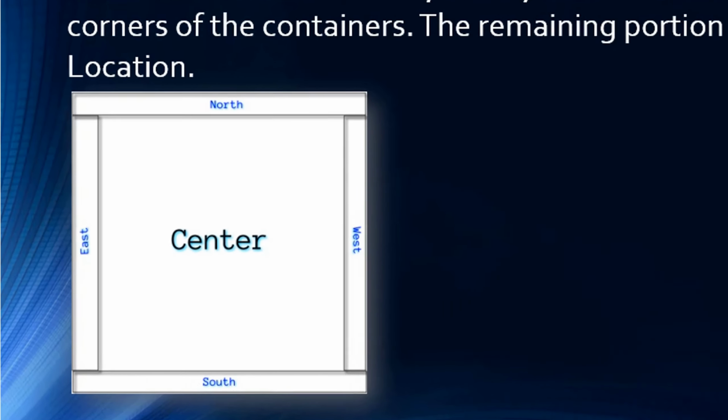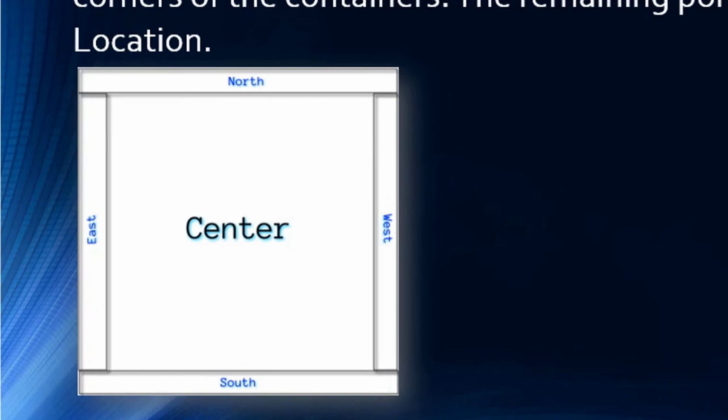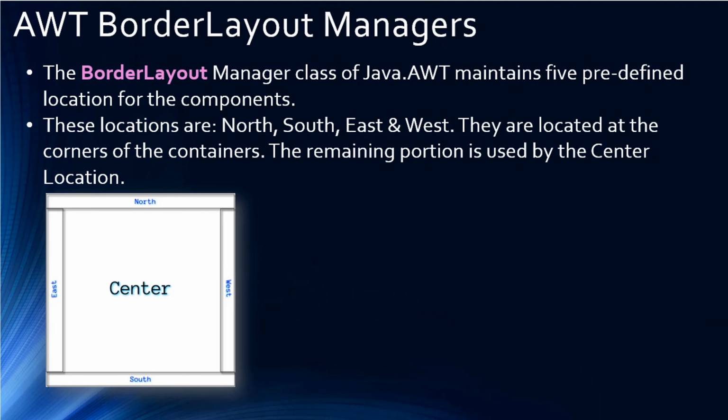Here you can see there are 4 edges, north, south, and you can see their location east and west, and the remaining portion is given to the location center. Usually the center location is the big area, while north, east, south and west occupy a smaller portion.